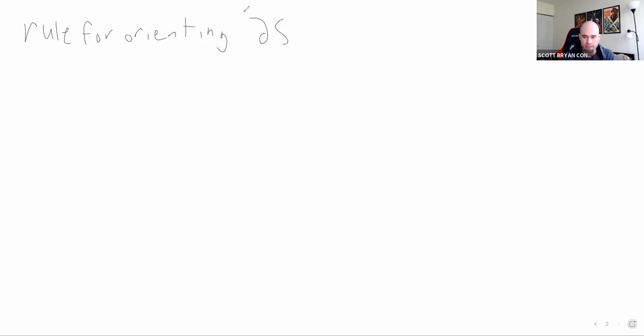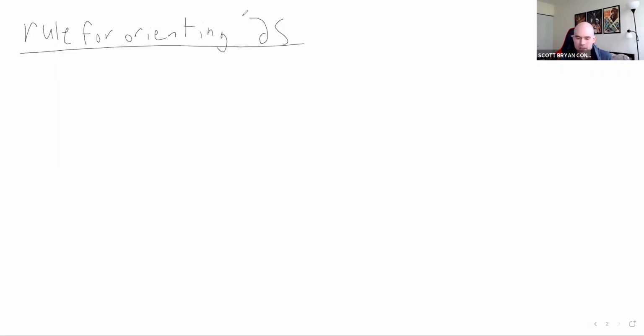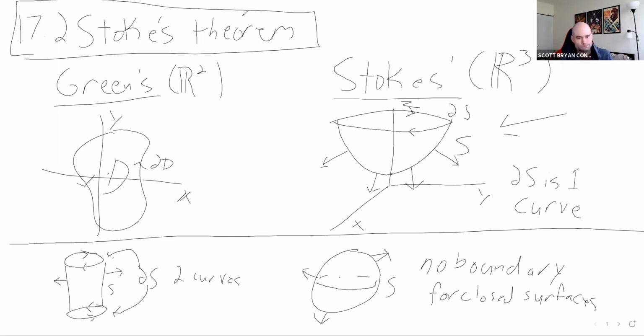There are two possibilities, right? You can have your normals pointing on one side, and you can have your normals pointing on the other side. The way we orient the boundary depends on how we orient the surface S, which choice of orientation. So this is slightly more complicated than for Green's theorem, because for Green's theorem, D has no orientation, right? All we have to do is say counterclockwise for the outer boundary, clockwise for the inner boundary, or just think of it as walking along the edge so that D is always on your left.